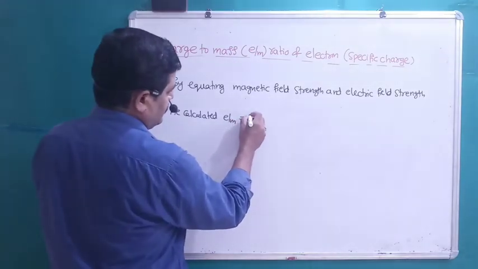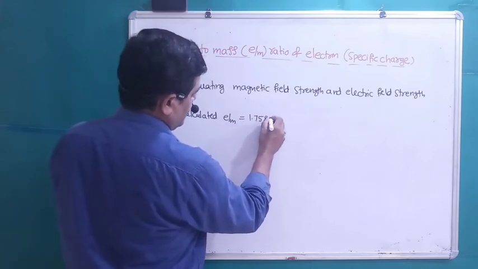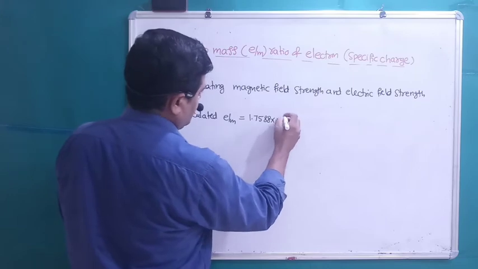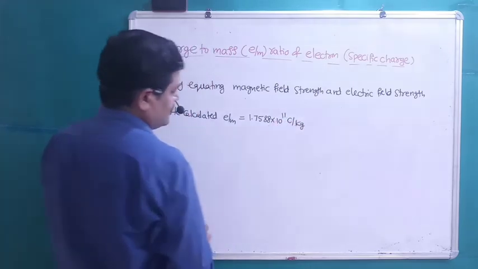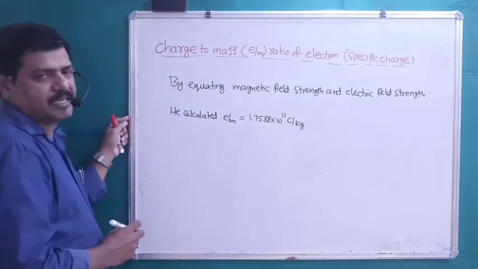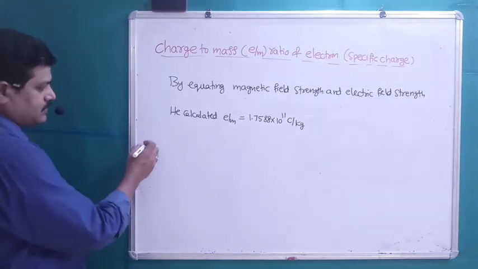The e by m value of electron is 1.7588 into 10 power 11 coulomb per kilogram, which is also known as specific charge.